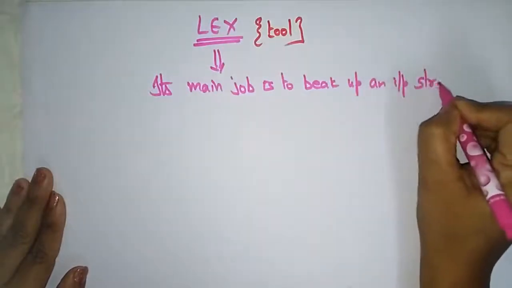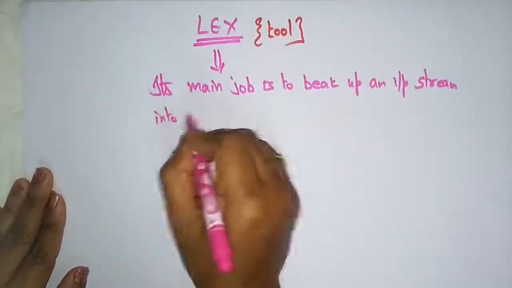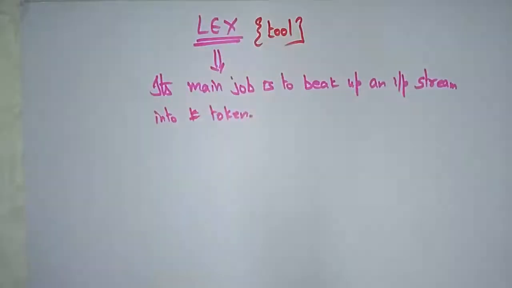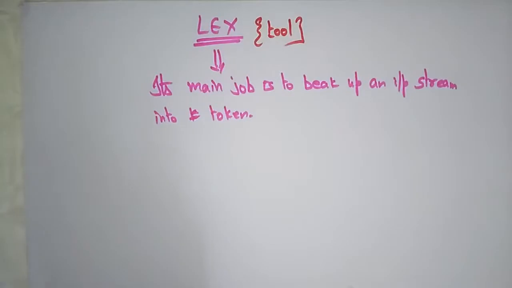Whatever the input stream is, that has to be broken up into tokens. So the lexical analyzer is officially known as the Lex tool. Its main job is to break up an input stream into tokens.